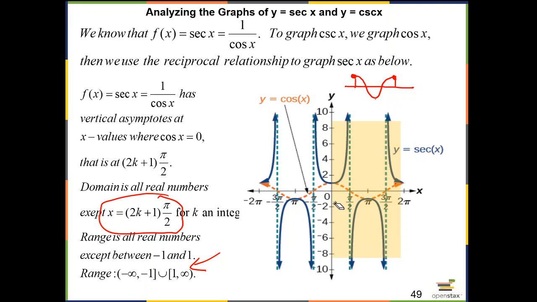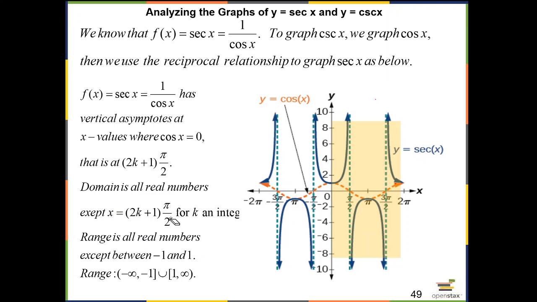Again, we could graph this point by point, but there is no reason for that, right? For example, cosine of 60 degrees, we know is 1/2 right here. So we know secant of it is 2, right? And so forth. All right, so one cycle of secant is graphed this way.